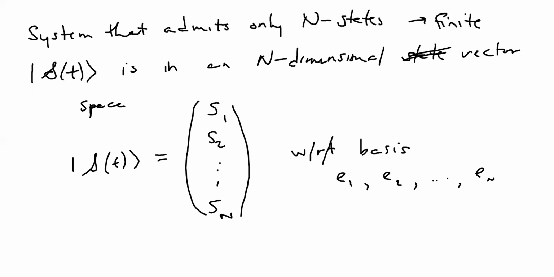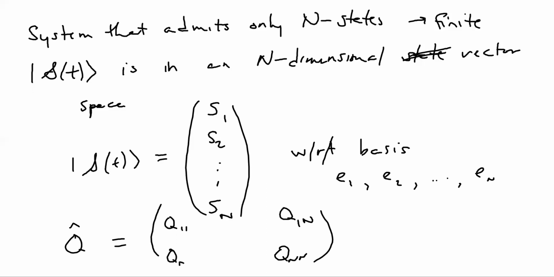So if that's the case, operators, our Q operator, is then an n by n matrix. So we're going all the way out here, row 1, column n, and row n, column 1, right, all the way. So our operator is an n by n matrix.